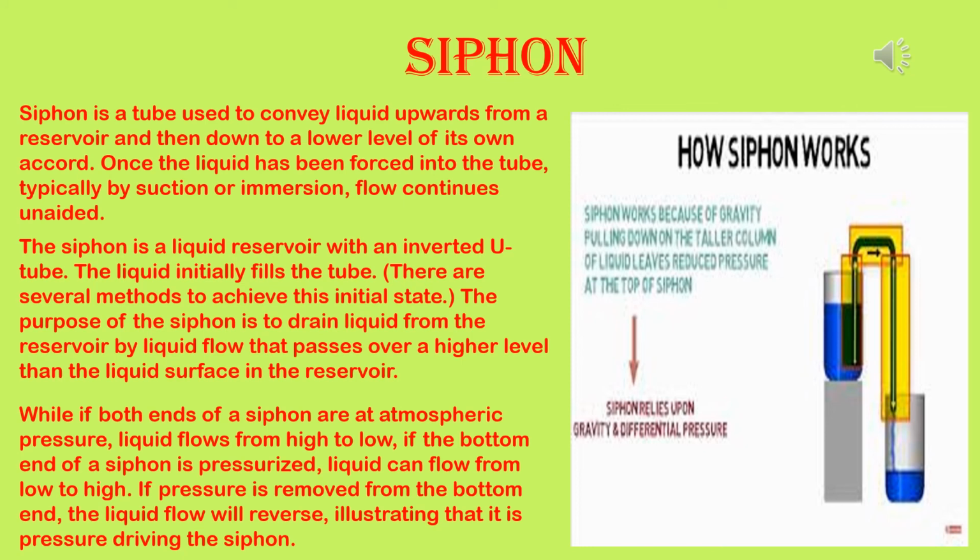Here P is equal to atmospheric pressure. Now H2 is greater than H1. Therefore, P minus H1 rho g is greater than P minus H2 rho g. This means the pressure at B is greater than the pressure at C. Therefore, liquid flows from B to C. The flow continues so long as H2 is greater than H1.